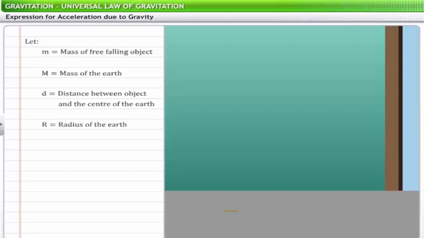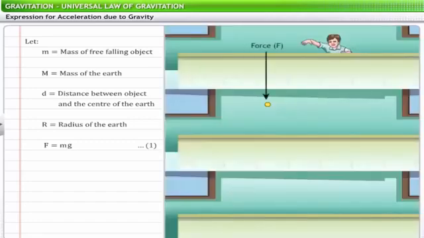Since the object is in free fall, the gravitational force F on the object is the product of its mass m and acceleration due to gravity g. Let's call this equation 1. The gravitational force F between the Earth and the free-falling body can also be calculated using Newton's universal law of gravitation. F is equal to G M m divided by d square.